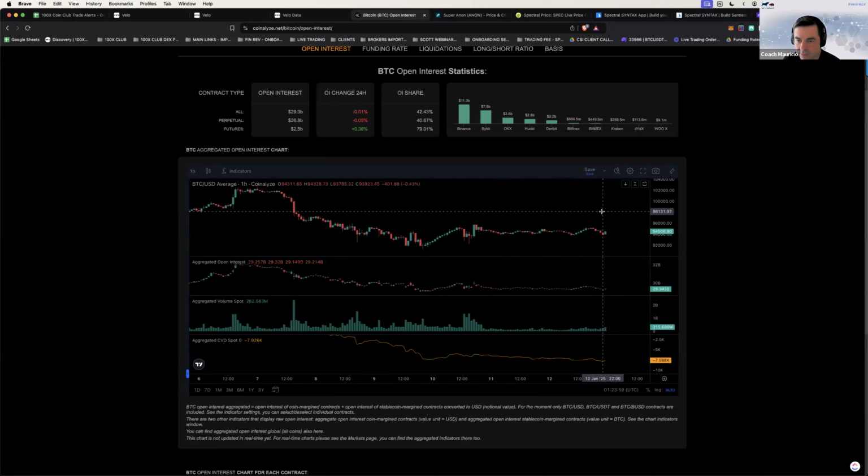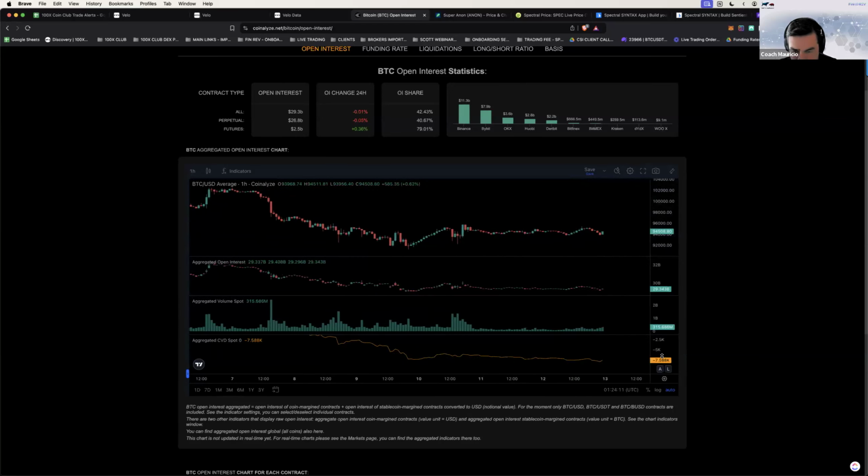People are just buying Bitcoin again. That is the best way to know that we're going to have a sustained upside. As you can see here, it looks like it's starting, but what I want to see is to make sure we have a sustained upside on volume on spot.